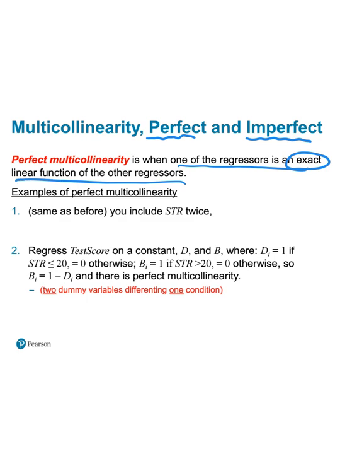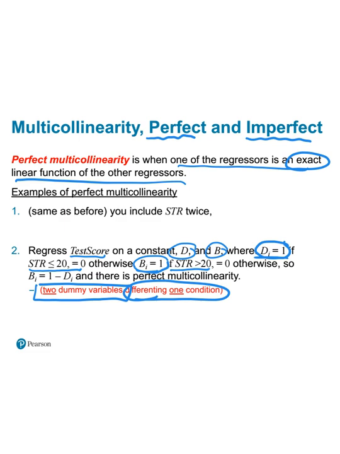Quite often, it happens that you accidentally put the same regressor twice, or we have, say, an example of regressing test score on a constant, D and B, where D is equal to 1 if we have small classrooms, and B is equal to 1 if we have large classrooms. So effectively, we're trying to set up dummy variables, a 1 or a 0. This is a 1 or a 0. But we have two dummy variables that are trying to differentiate one condition.